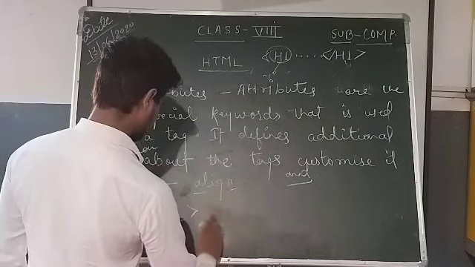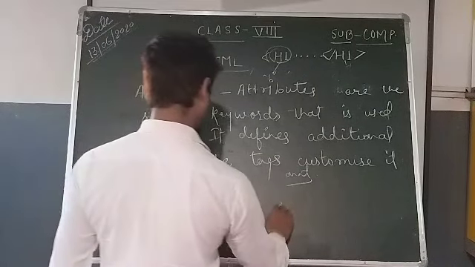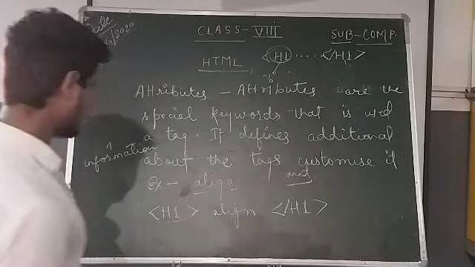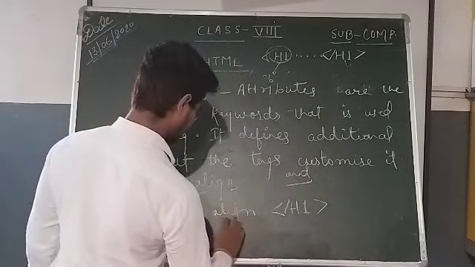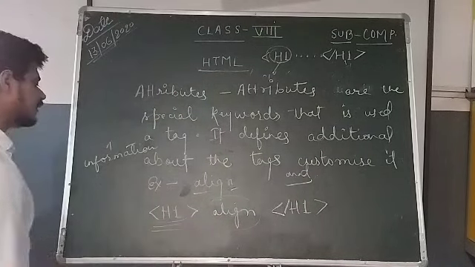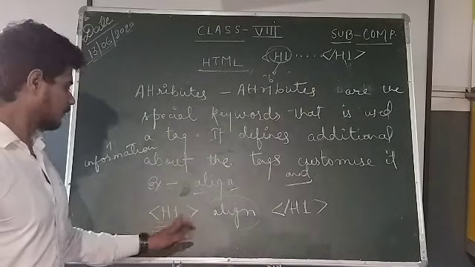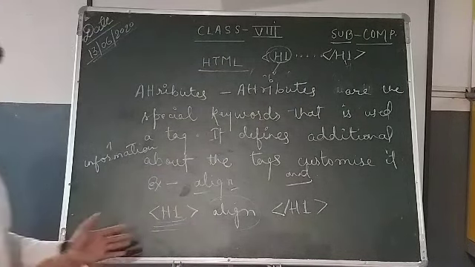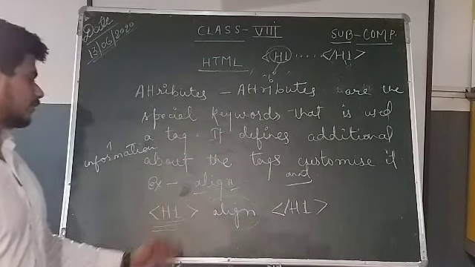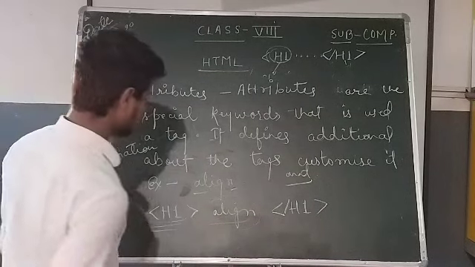H1 align, and then the H1 closing tag. As you can see here, the attribute align is used inside the tag. So the H1 heading will be shown in the center. Whatever heading you write, it will be shown in the center.